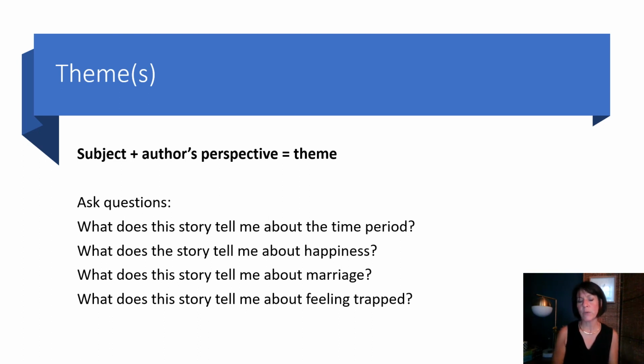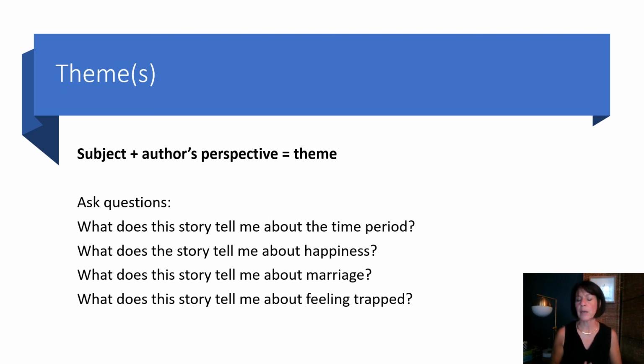Any of the ideas that pop up out of a story, you start there, and then you ask yourself, what is the author's perspective on the institution of marriage at the turn of the century? Or what is Chopin's perspective on personal freedom, and when we're faced with maybe losing it, when you think about the end of that story. And so coming up with a thematic statement always begins with asking questions, right?